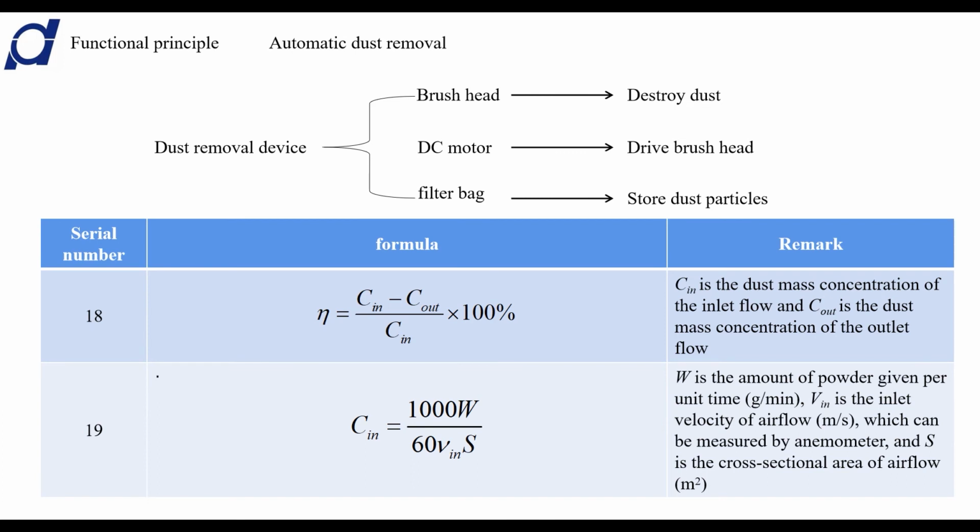The DC motor is used to drive the brush head, and the dust filter bag is used to store dust particles. Dust removal efficiency can be calculated by Formula 18. And the calculation expression of C1 in equation 18 is shown in equation 19.